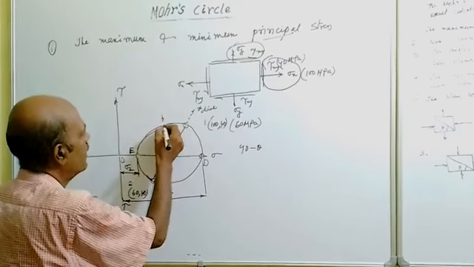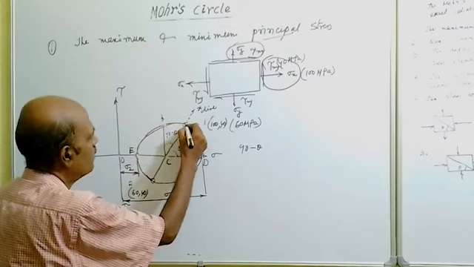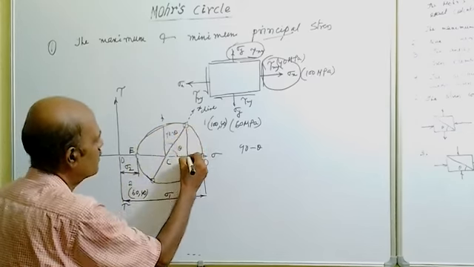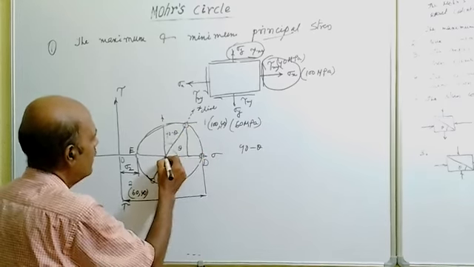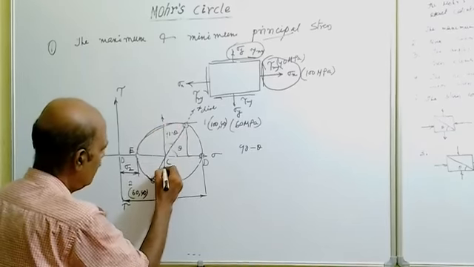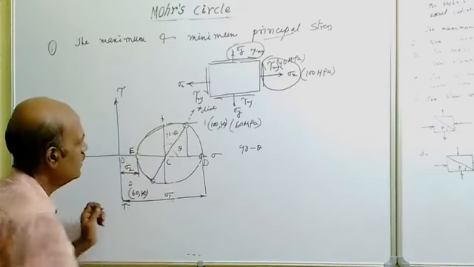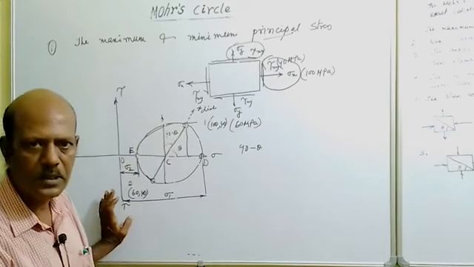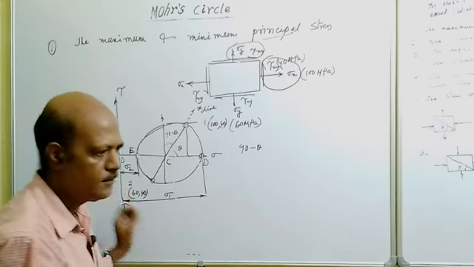You can see the shear stress at this point, the shear stress value is this much. Exactly above or below the center of the Mohr circle, the shear stress will be maximum. So this is the maximum shear stress which you can find from this Mohr circle.